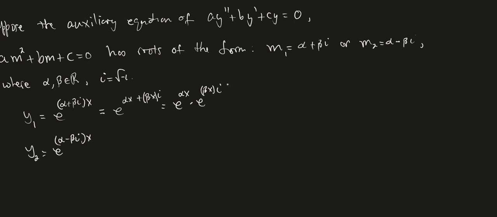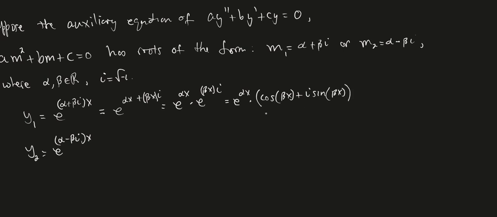Then I'm going to use Euler's identity on the second e, because that's the one that has the imaginary unit i. So I'll keep writing the e to the alpha x, and applying Euler's identity, this becomes cosine of beta x plus i sine of beta x.